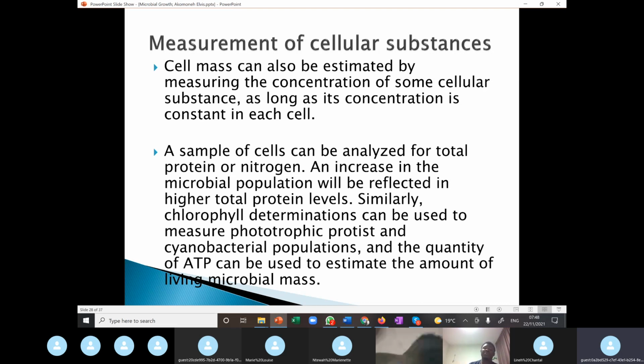So the higher the concentration of ATP, the higher the number of cells producing that ATP. The higher the concentration of protons, the higher the number of cells producing those protons. So that is the assumption.